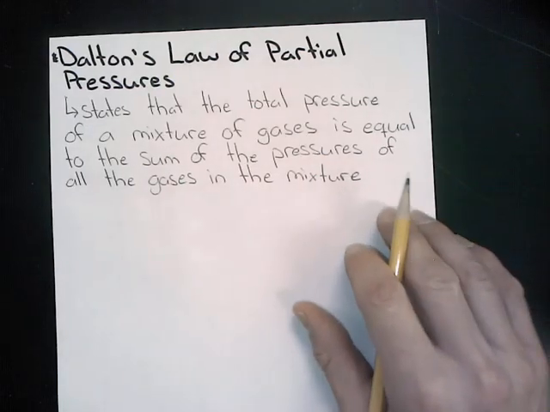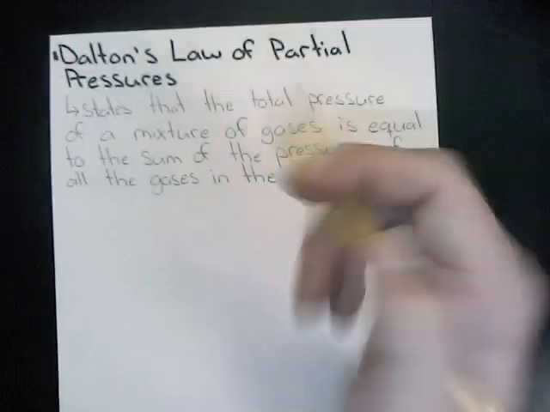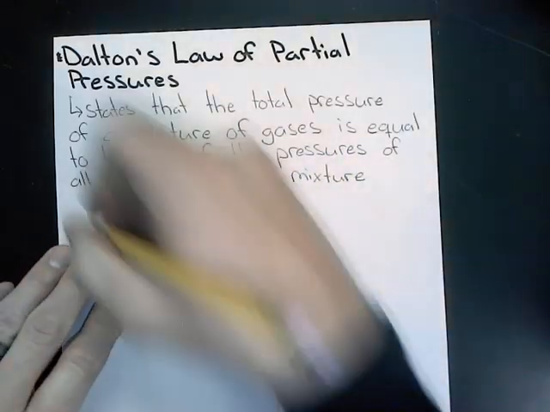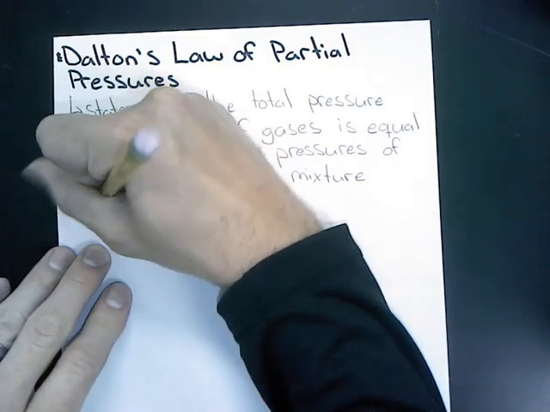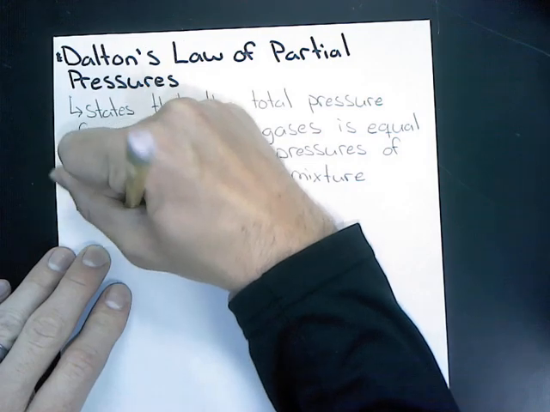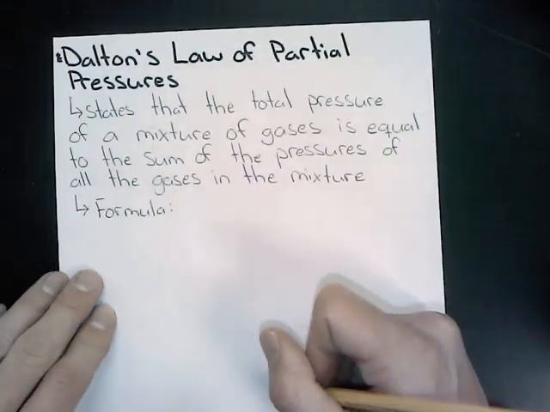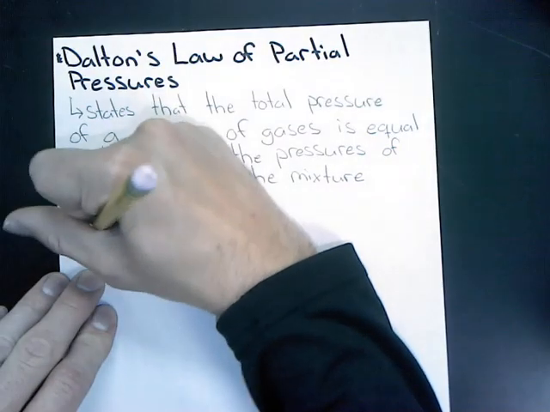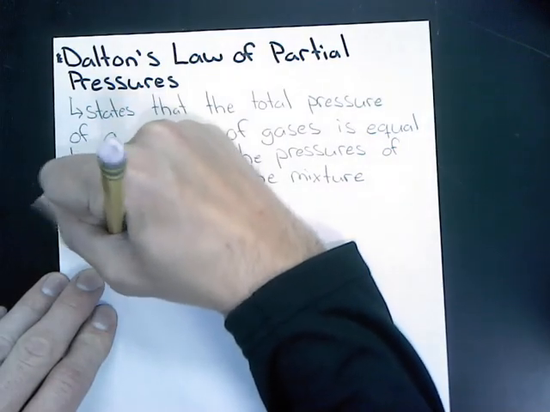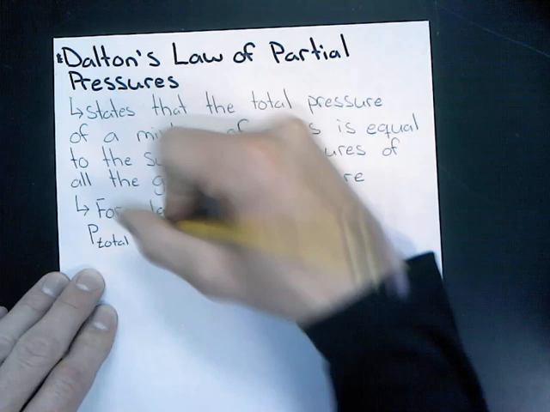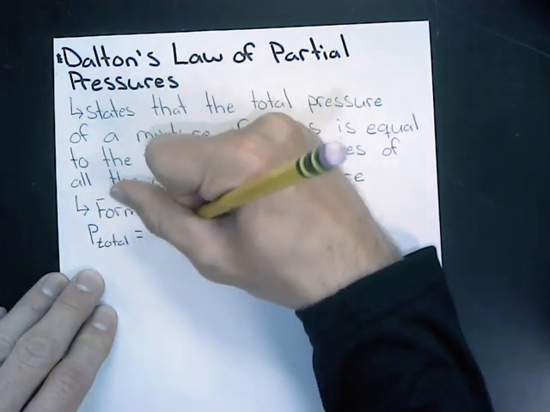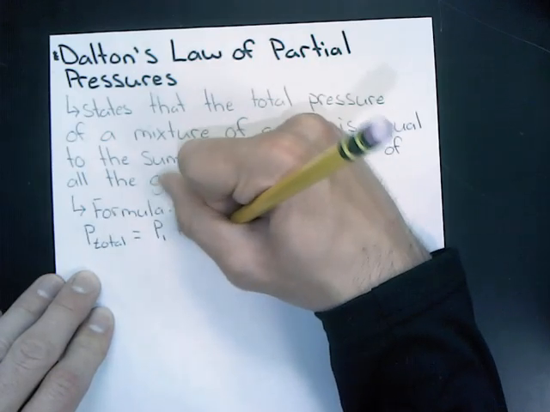And this is more easily seen in our formula. The formula for Dalton's law of partial pressure is this: the total pressure, which I'm going to label P total, is equal to the sum of all of the gases here.